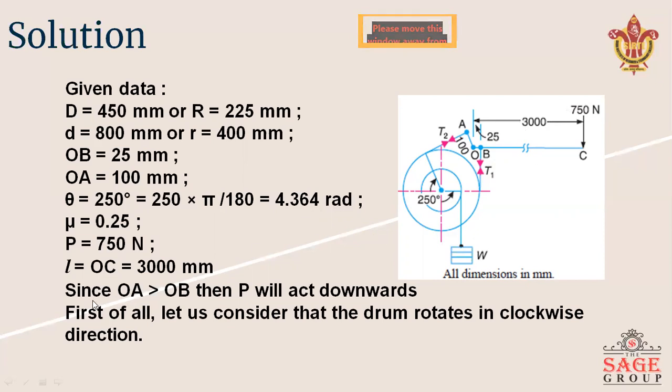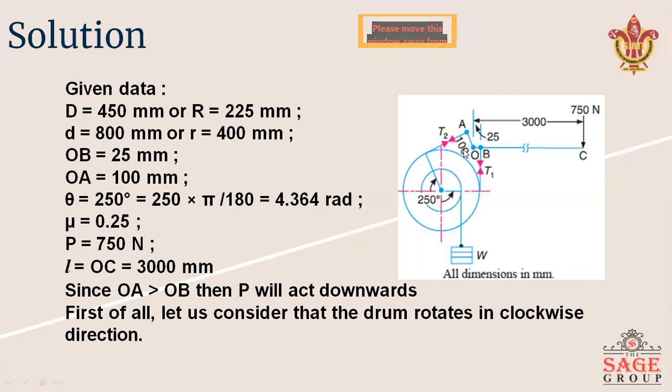Here you can see that OA is greater than OB. This one is OA and this is OB, and OA is greater than OB. That means 100 is greater than 25. Then P will act downwards. We have already written this earlier: the direction of P depends on the values of OA and OB.